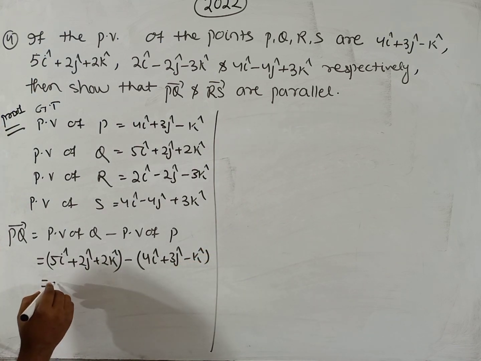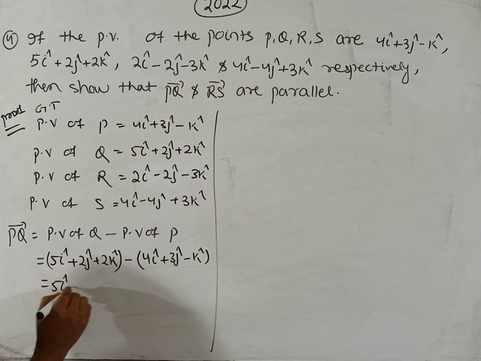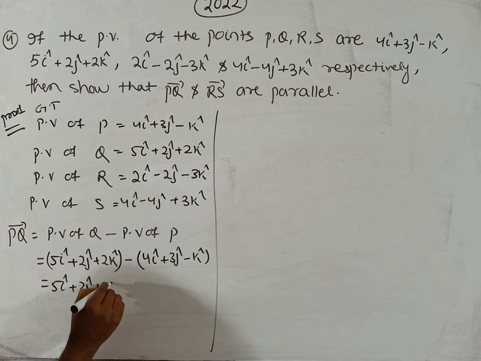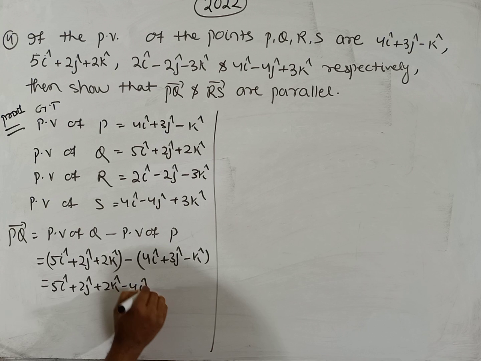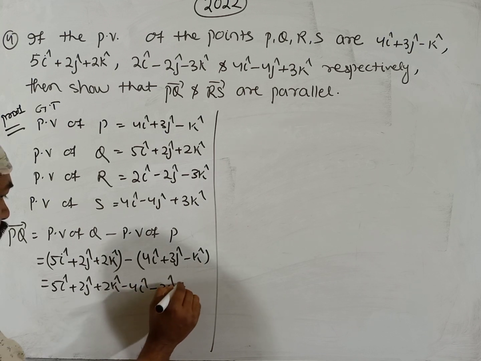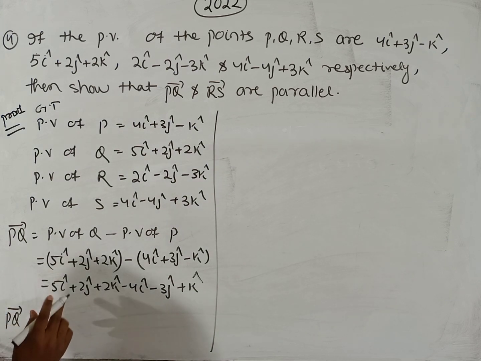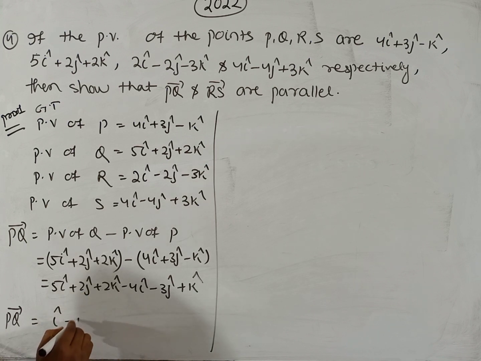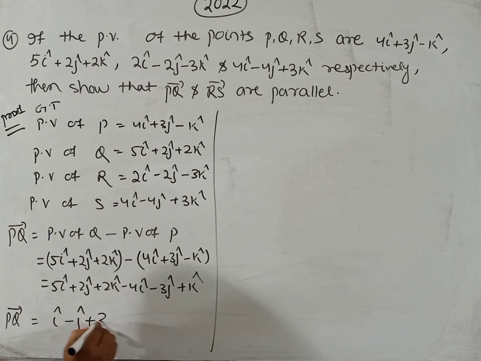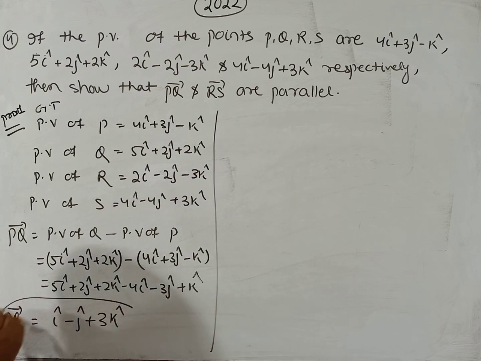Then here we will get 5i cap plus 2j cap plus 2k cap minus 4i cap minus 3j cap plus k cap. Then simplifying, we have PQ vector is equal to 5i cap minus 4i cap, it is i cap. Then 2j cap minus 3j cap, it is minus j cap. 2k cap plus k cap, it is 3k cap. So here it is the PQ vector.